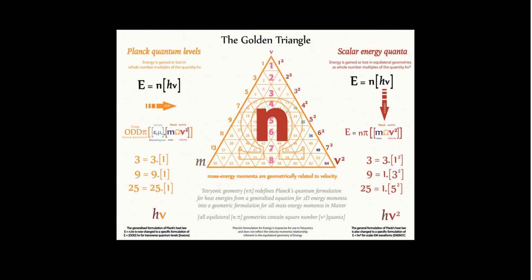Tetryonics gives us a bit of deeper insight into the fact that mass, velocity, or linear momentum, and scalar energy, mv squared, are geometrically related. It's often stated in physics texts, but never is that statement accompanied with an illustration such as what you see here that explains the relationship geometrically.